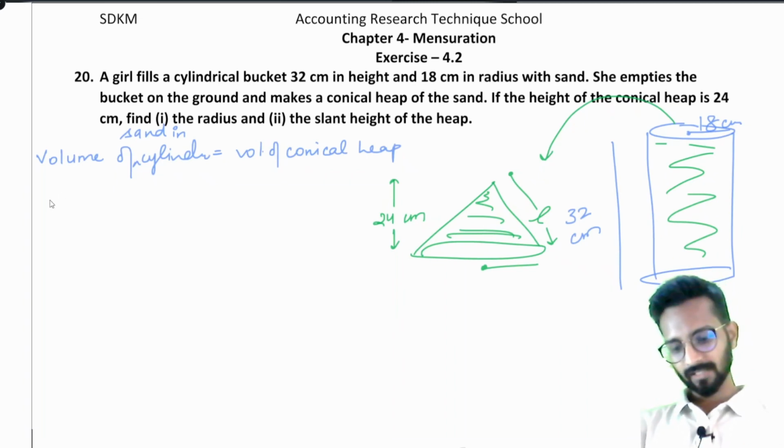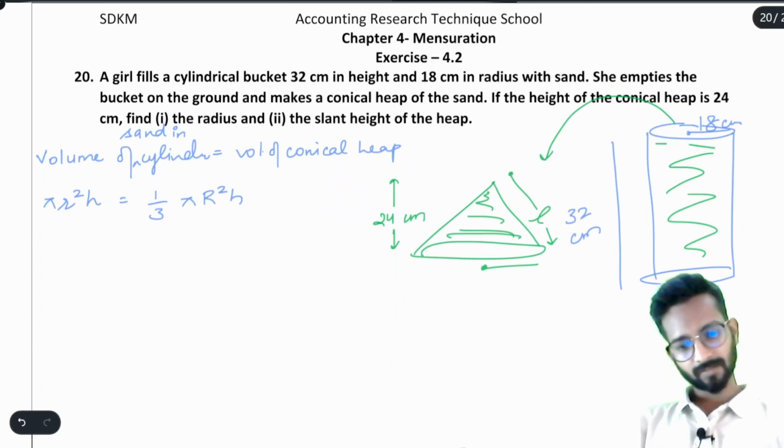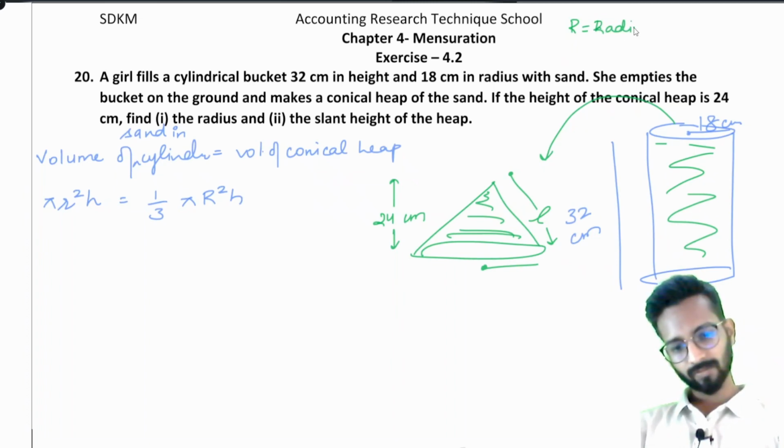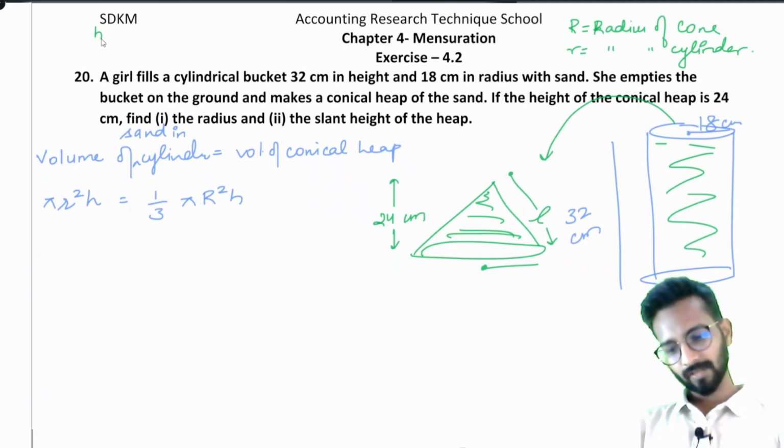So pi r square h will be equal to 1/3 of pi r square h. Here r is radius of cone, radius of cylinder, and same for the h also. H is height of cylinder, h is height of cone.